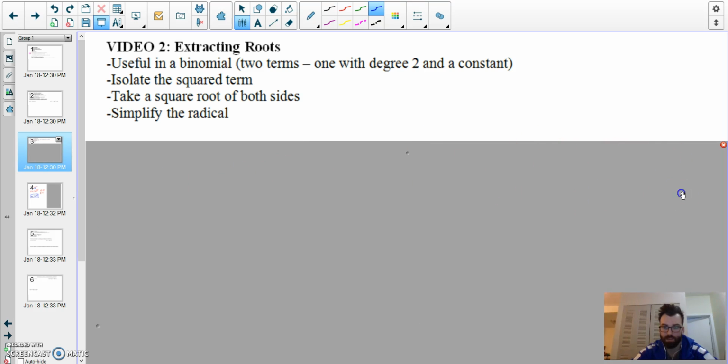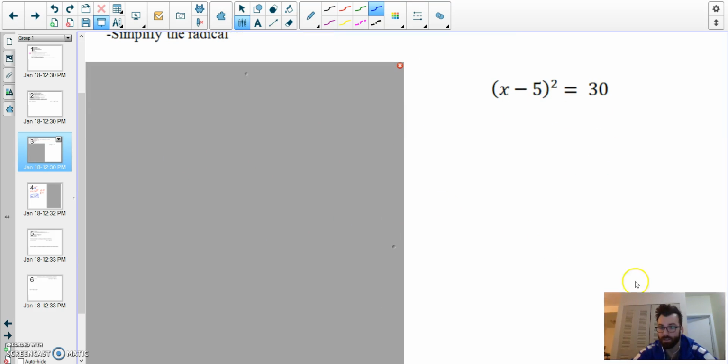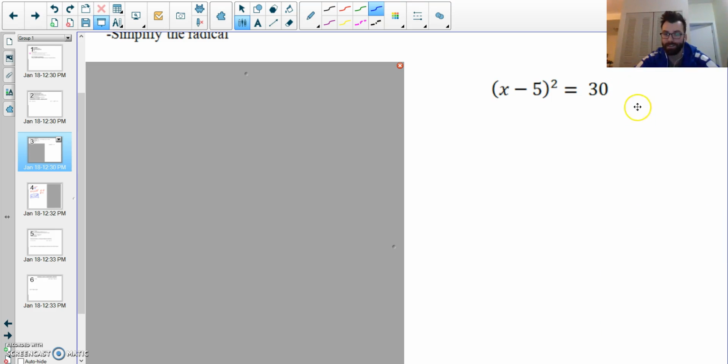I'm going to go back to that first page, but I'm going to go here with this one. So technically, what I could do here is this. Now, you don't need to write that step. I could multiply x minus 5 out, have a trinomial and try to factor it. Or, since my squared term is already isolated for me, I can take the square root of both sides right away.